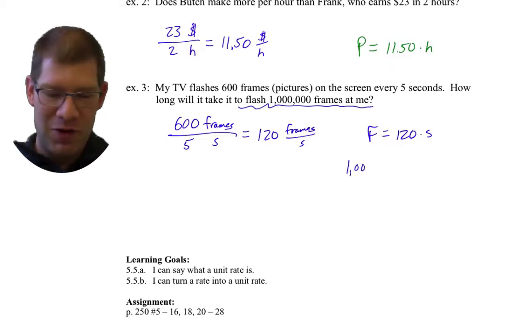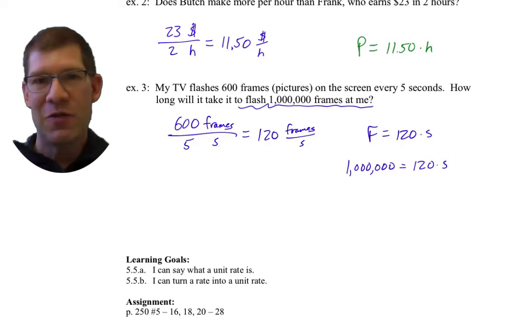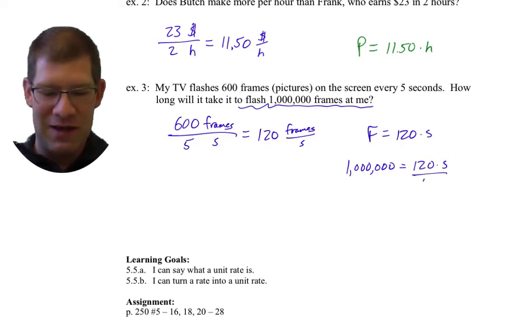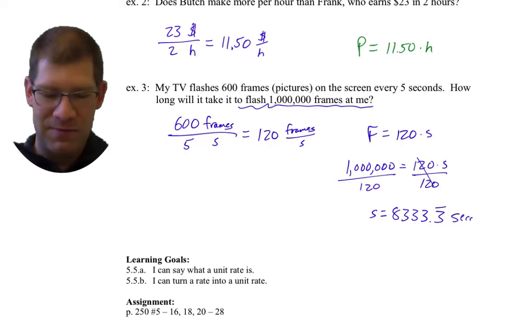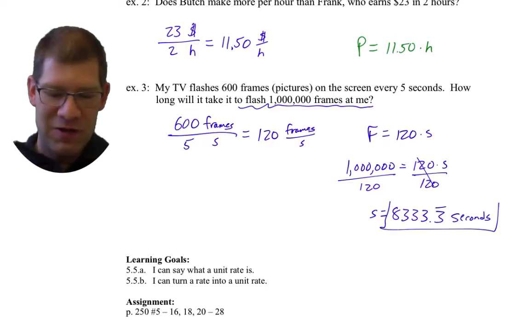Well, I could put 1,000,000 in here for F, because that's the number of frames. That's going to be 120 times S. If you wanted to figure out how many seconds, you just divide both sides by 120. And when we punch that in, we'll get 8,333.3 repeating seconds. That's one way you could solve it.